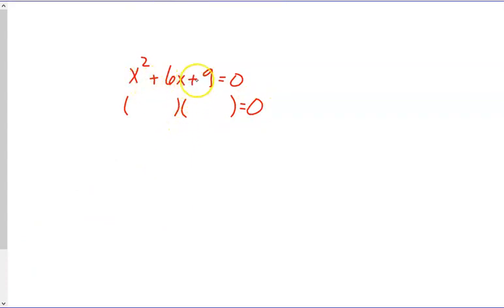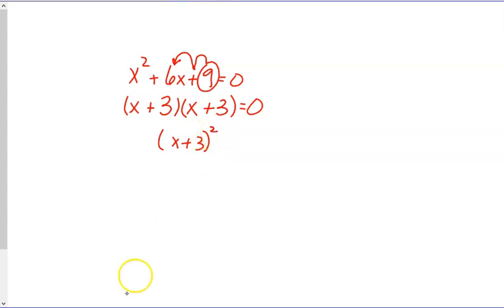If the last sign is a plus, they have the same that match the first. I'm going to split my x squared as x and x. And what do we multiply to get 9 that we add to get 6? Well, I hope you're screaming at me 3 and 3 because that is correct. Outside is 3x, inside is 3x, gives me that 6x. So what we have here is a quantity squared, x plus 3 squared.